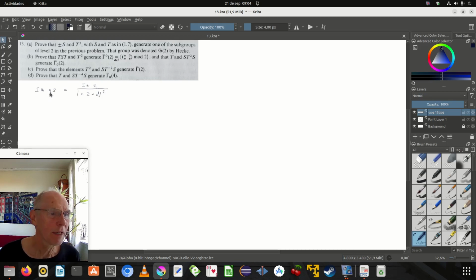Actually, there will be an infinite number, because when we have chosen C and D, we have an infinite number of possibilities for A and B. So we just choose one of them with maximum imaginary part. And then the idea is to work on S with it.